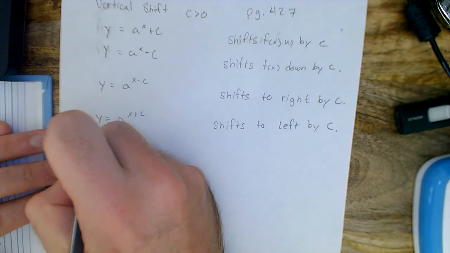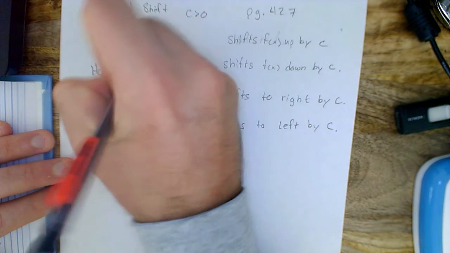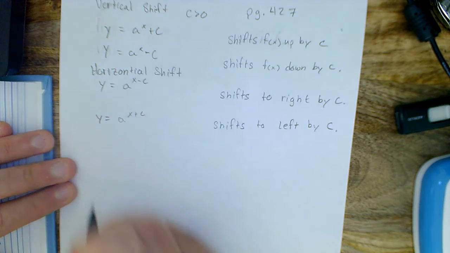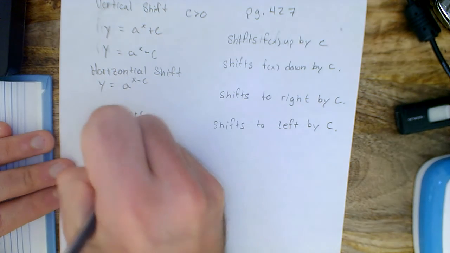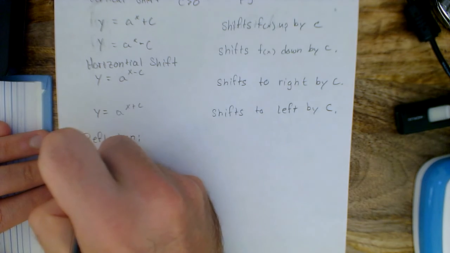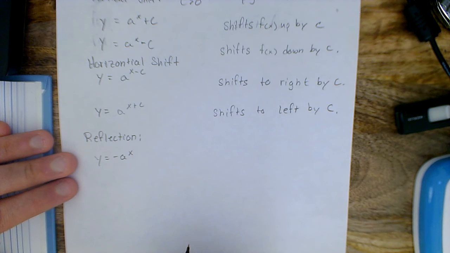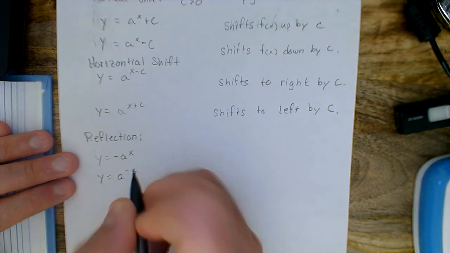So reflection. A reflection, y equals negative a to the x, or y equals a to the negative x.